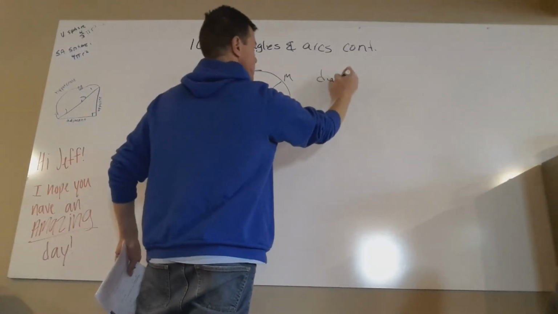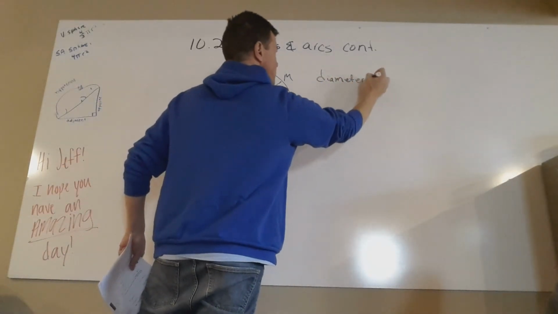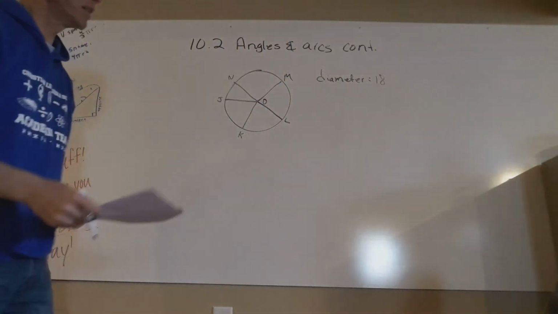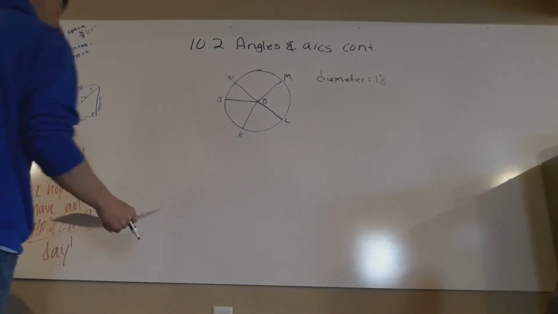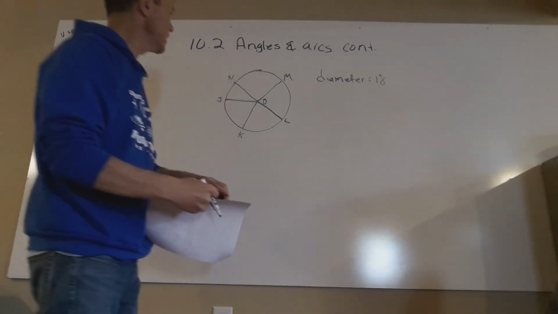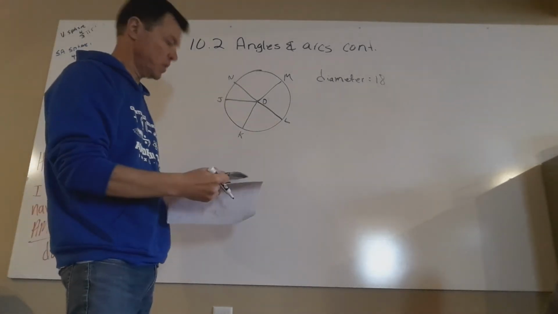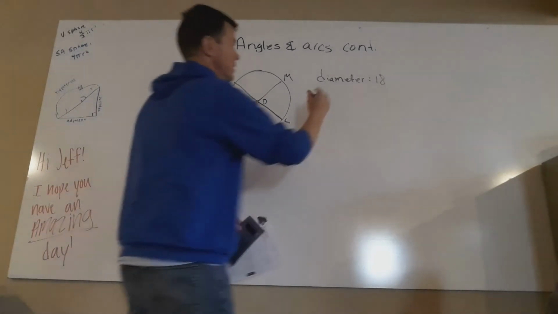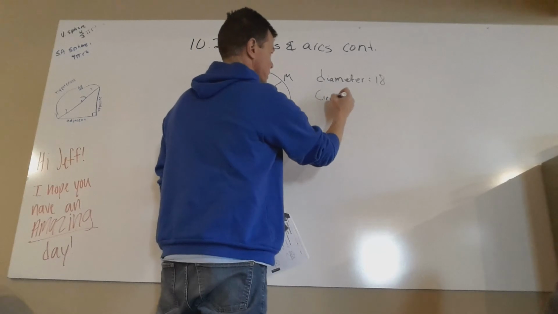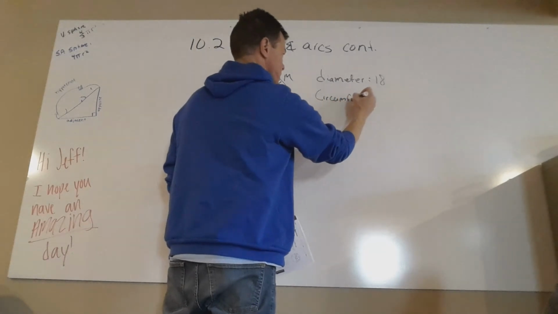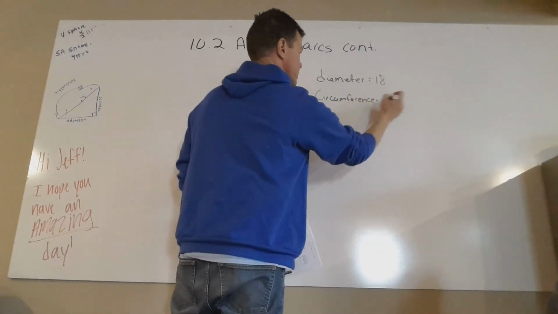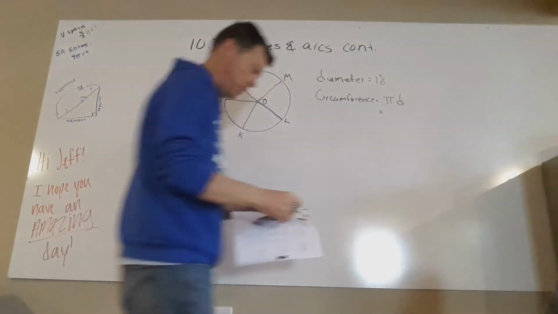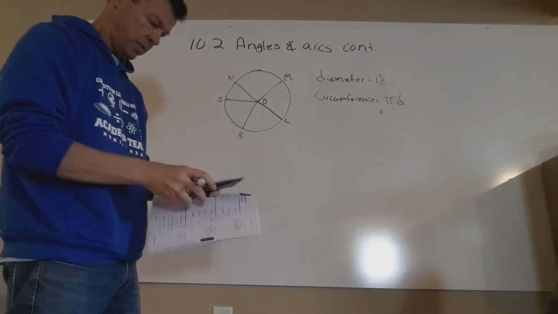So let's calculate the circumference. If the diameter is 18, like NL, there's going to be 18. Circumference is pi times diameter, which is 3.14 times 18.